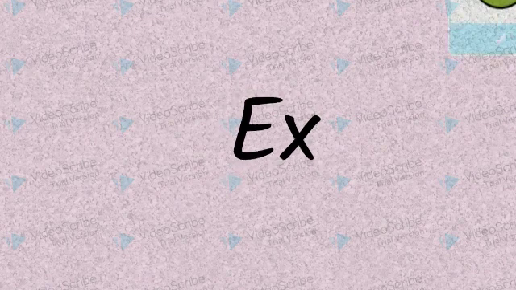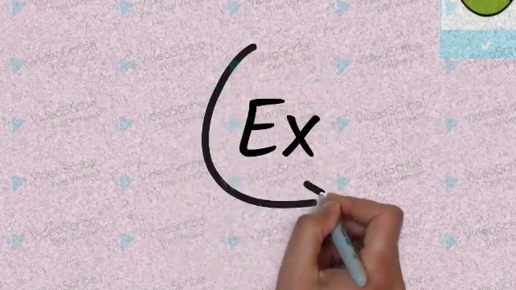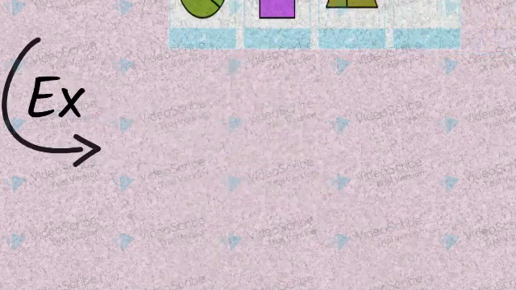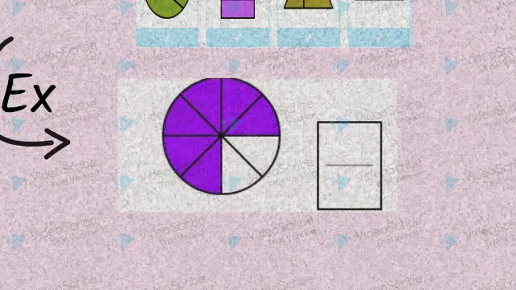Let's take another exercise. Can you read this fraction according to colored parts? How many colored parts? Let's count. 1, 2, 3, 4, 5, and 6. So I write 6 as the numerator above the line, which means how many parts are colored.